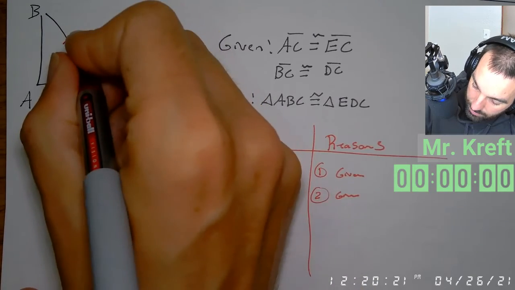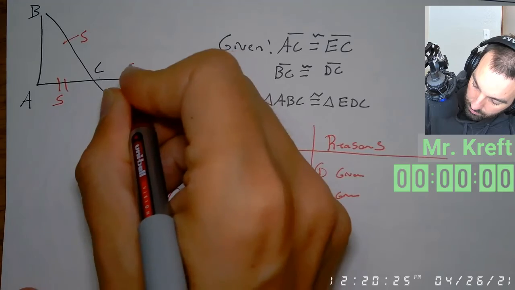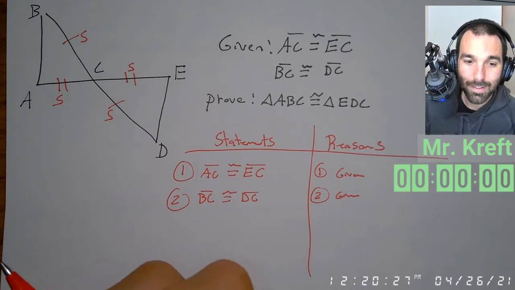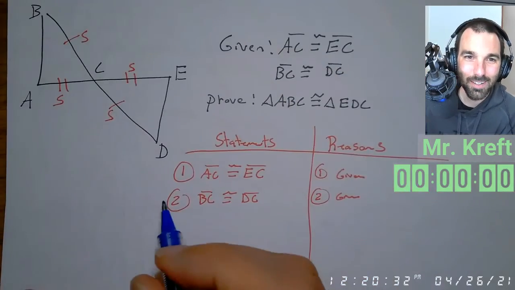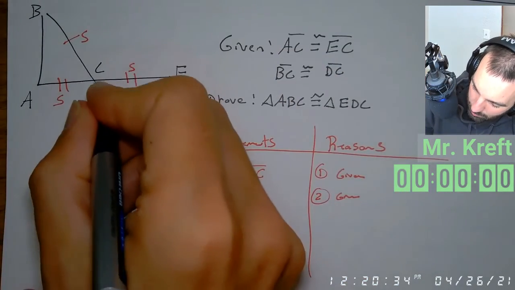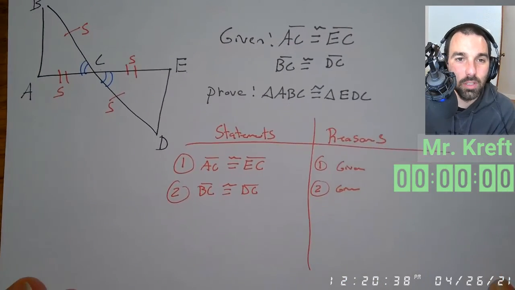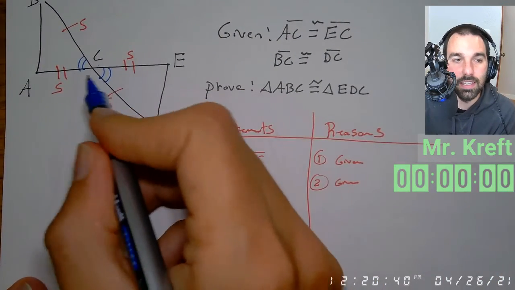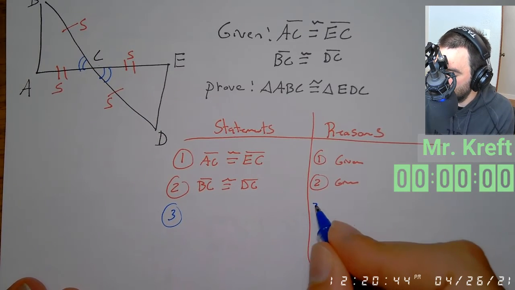So if I take account of what I have, a pair of sides and a pair of sides, okay? And then I'm thinking, wait, doesn't this have vertical angles? It's a bow tie problem. So these two angles would have to be congruent. It's very common to struggle with how to name these, but remember, that's just one part of the proof.